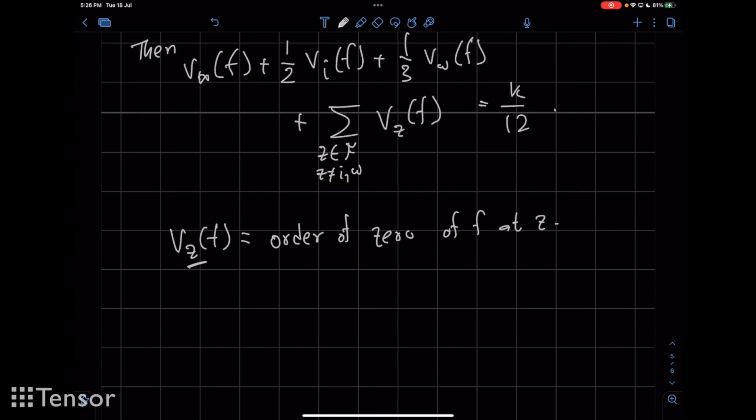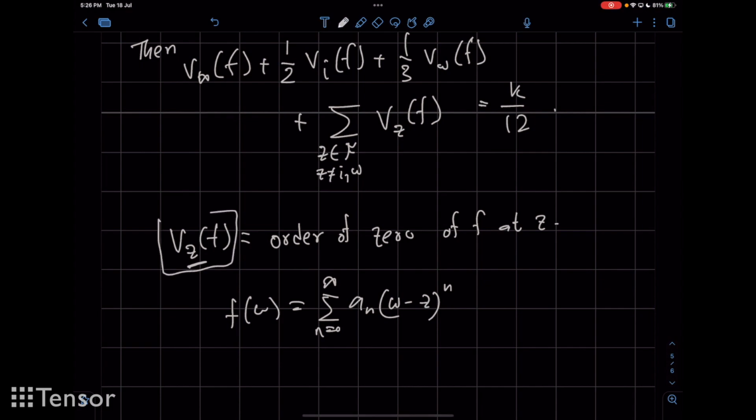Then f has a power series near z, so f(w) is the sum of a_n (w minus z)^n. This v_z of f denotes the index of the first coefficient that is non-zero.